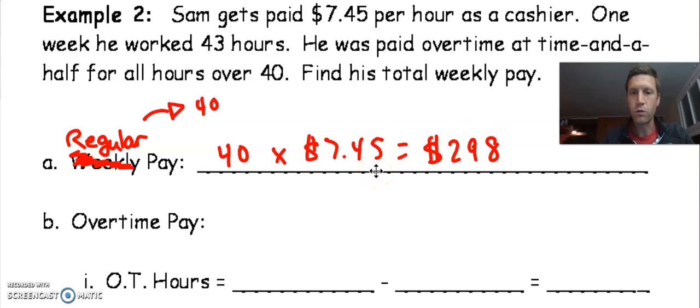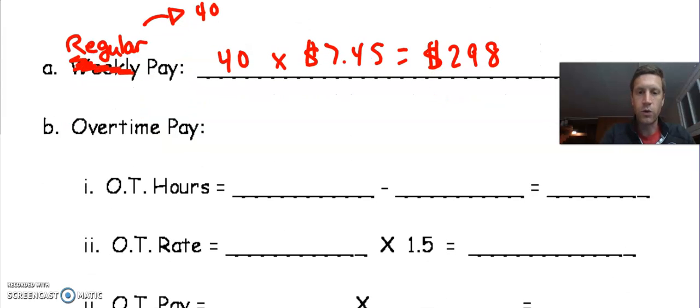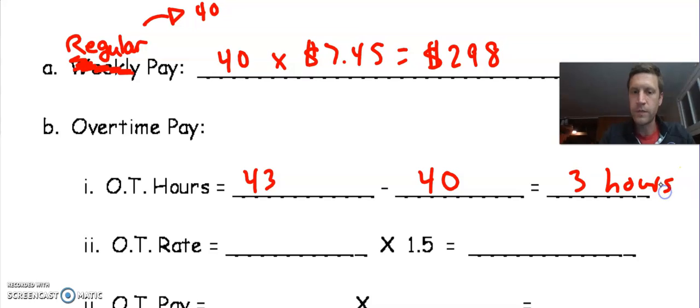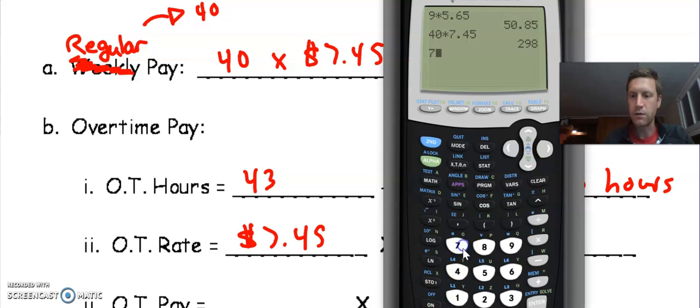Now let's find how many overtime hours I worked. So I worked 43 total. So overtime hours would be that 43 minus 40. It's always minus 40. So I get 3 hours of overtime. What do I get paid for those 3 hours? Well, we made $7.45 an hour. So if I multiply that by 1.5, I get my overtime rate. 7.45 times 1.5.